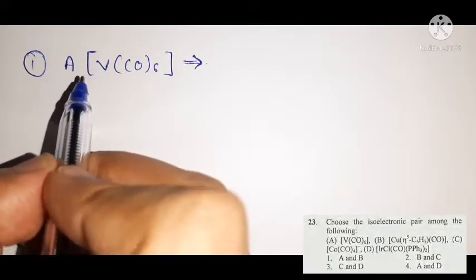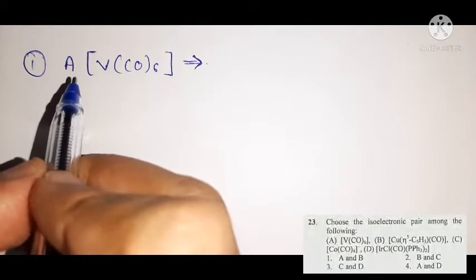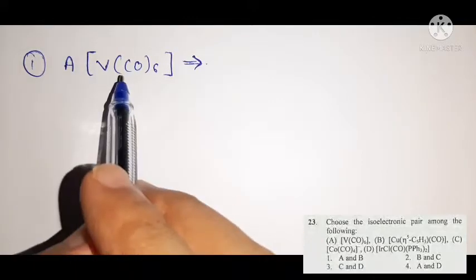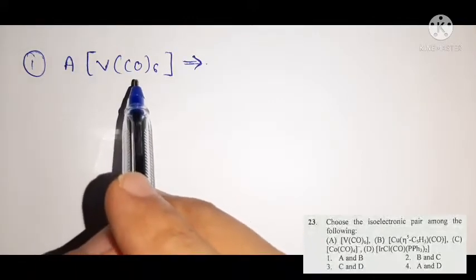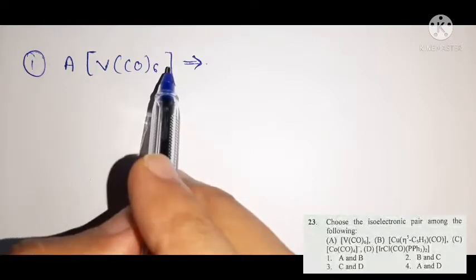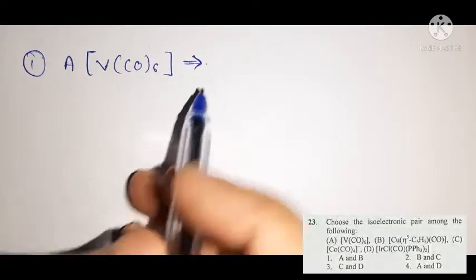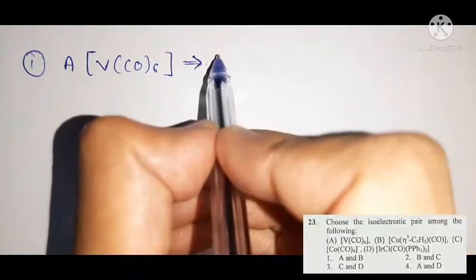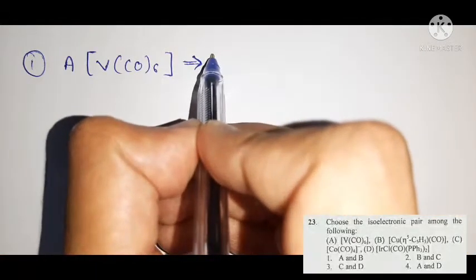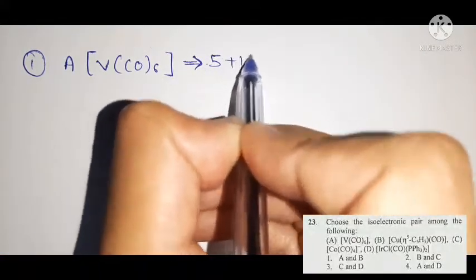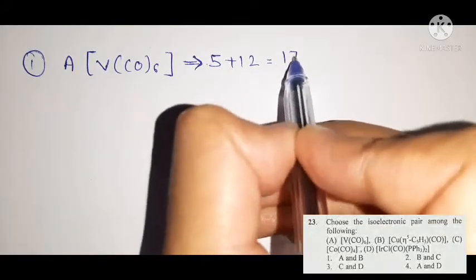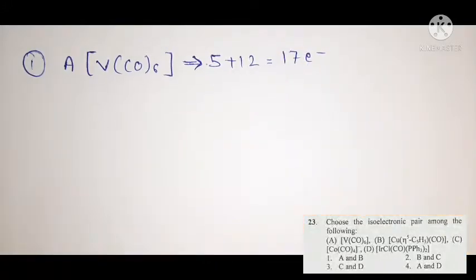That means it has 5 electrons in its valence shell. Each CO ligand can donate 2 electrons, so 6 CO ligands can donate 12 electrons. So the number of electrons in this complex is 5 plus 12 equals 17 electrons. So this complex has 17 electrons.